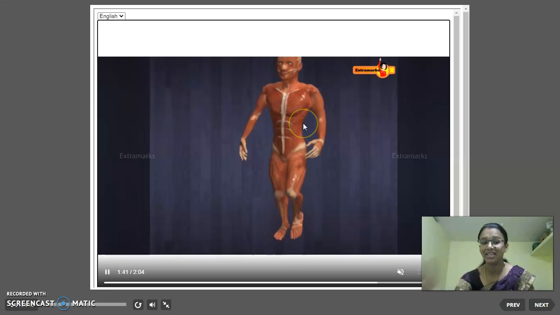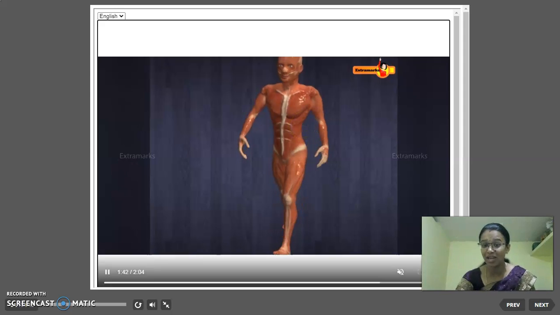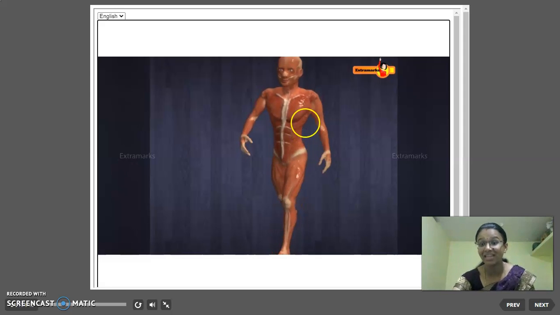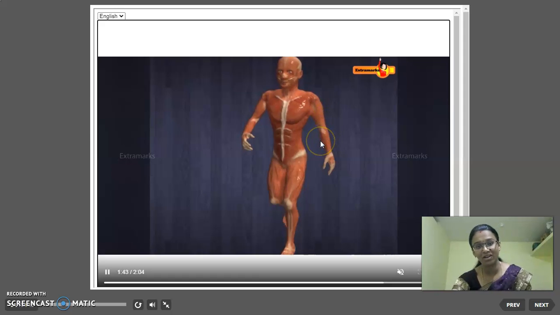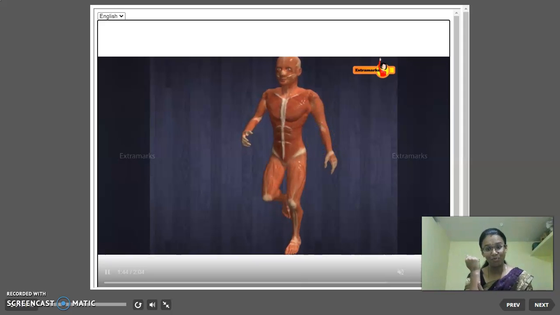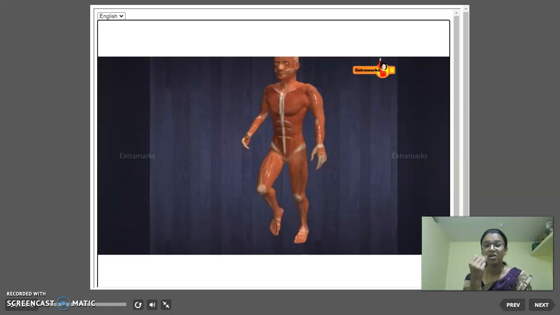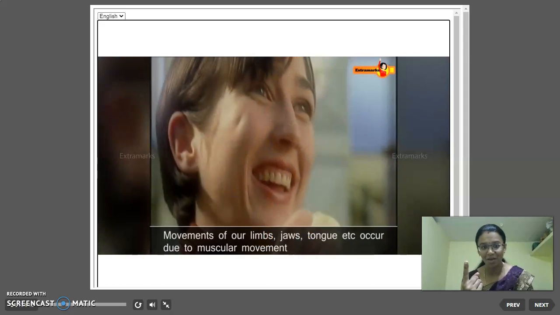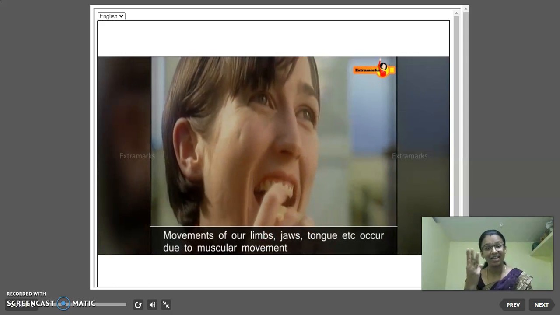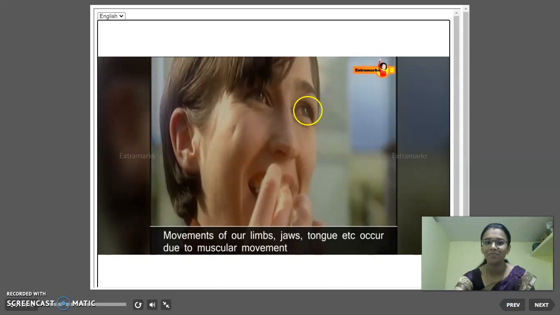And what is the third type? Muscular movement, which takes place with the help of muscles. We have discussed three: amoeboid movement by amoeba, ciliary movement, and muscular movement. Look at here.